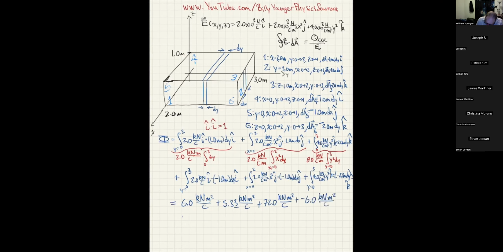Now I'm going to go to number 5. I get again 2 times -1 gives me a -2, but then I have an integral of x squared from 0 to 2. The integral of x squared is 1/3 x cubed. So 2 times 2 times 2 is 8. 8 times -2 would be -16. I divide that by 3. I get -5.33.